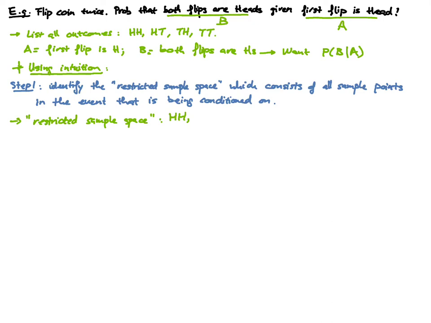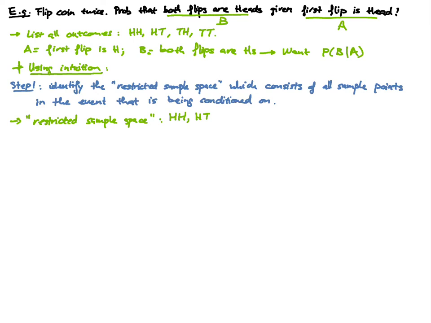So it belongs to the restricted sample space as well. The third outcome is tail-head. Is the first flip a head? No, it's not, right? So that one is out, and tail-tail is also out for the same reason. So in the restricted sample space, we have 2 outcomes, head-head and head-tail.